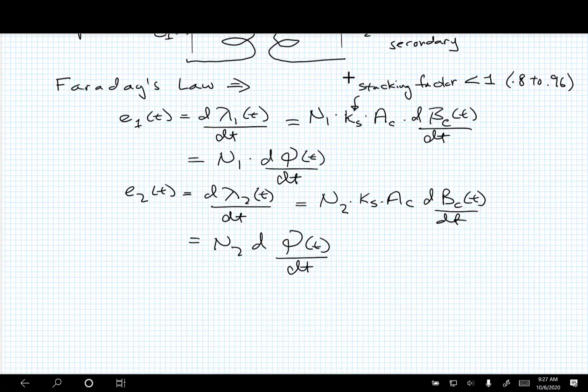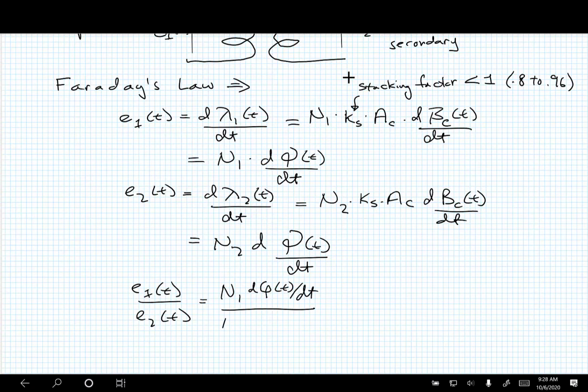So what is the ratio of these two voltages? E1 of t over E2 of t is N1 times the derivative of the flux in the core over N2 times the derivative of the flux in the core.